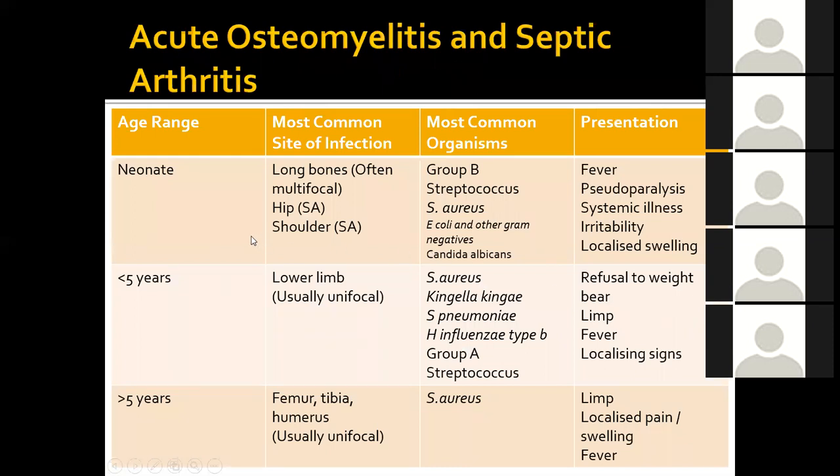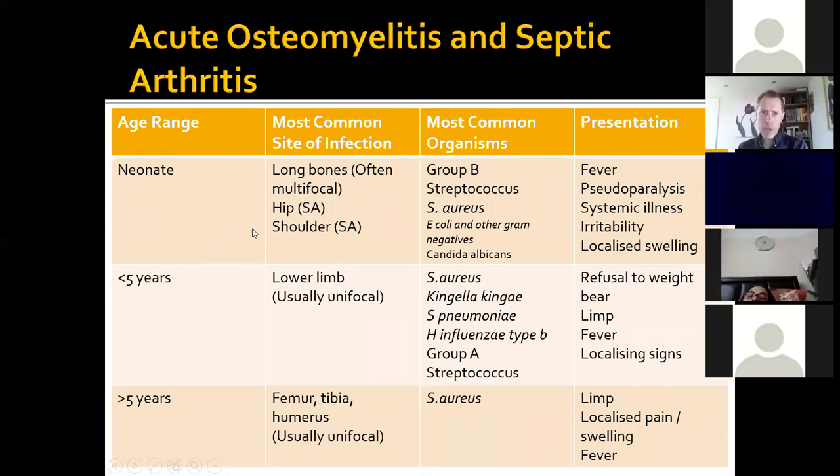So just to put it another way, this table has quite a lot of information, but you're going to have access to these slides, and this just contrasts between neonates, young children, and older children in terms of the sites and organisms. So in the neonates, osteomyelitis is more often multifocal and involves the long bones.